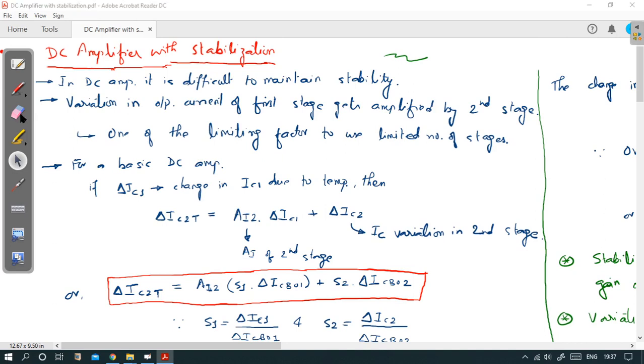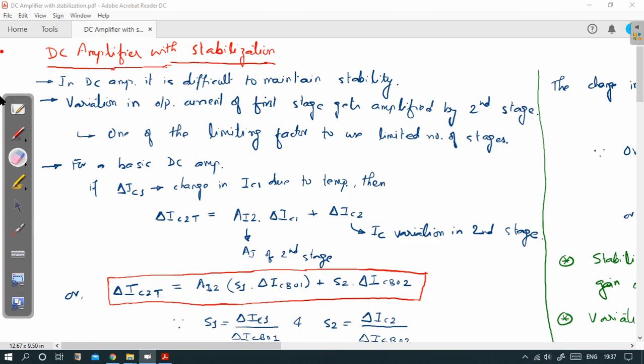Okay, so let us see what is stabilization. What do we mean by stabilization in the circuit? Because stabilization or stable circuit is desired. We want the performance of a circuit to be stable.